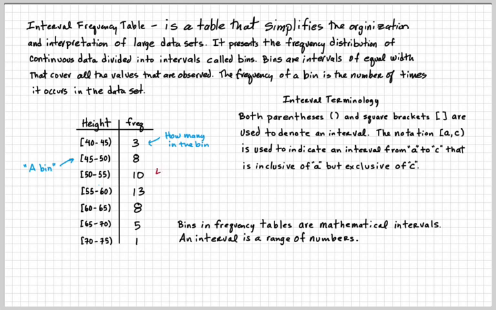Well, you got 40, 41, 42, 43, 44, but not 45. So the bin width is 1, 2, 3, 4, 5. Okay? Even though we don't count 45.